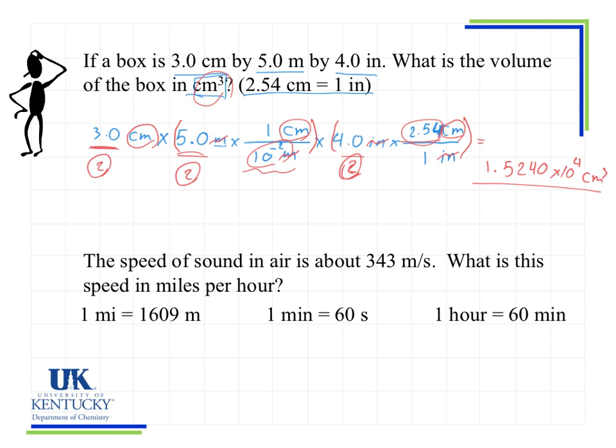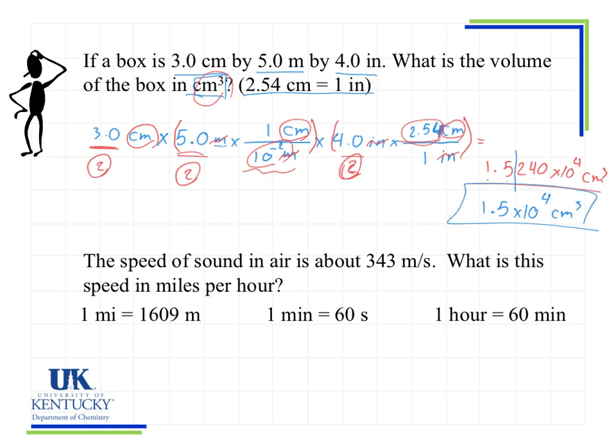The rule for multiplication says the smallest number of significant figures. So it has 2, 2, 2, so the answer should also have 2 significant figures. So we drop this from here, start from here, 1, 2. So the answer is 1.5 times 10 to 4 cubic centimeter.